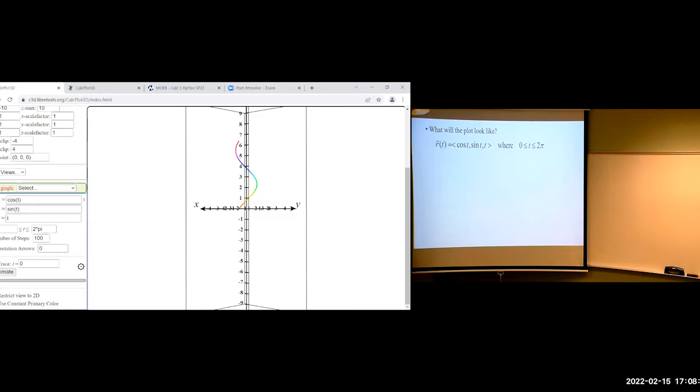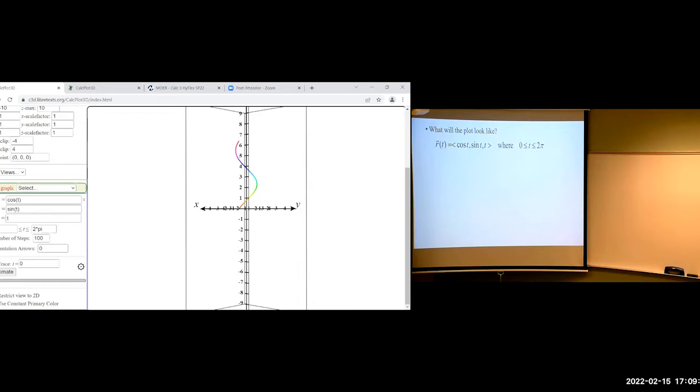All right. So if I want this helix to have a radius of, let's say, 3, what do you think I need to change in my parametric equations? And think about going from a circle of radius 1 to a circle of radius 3 in trig.